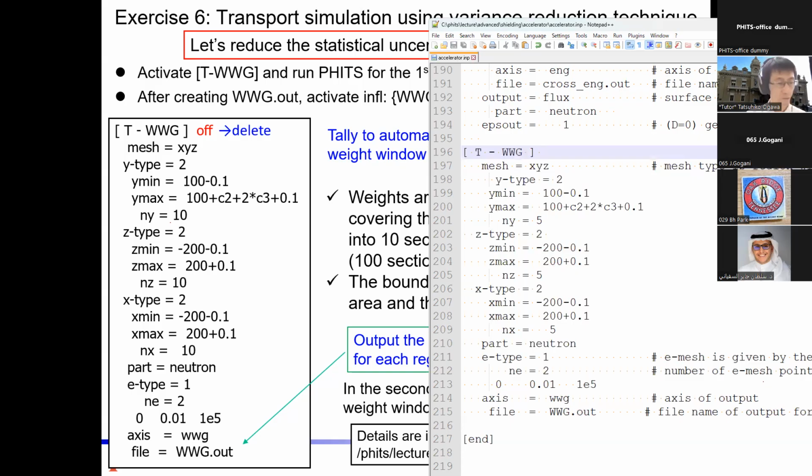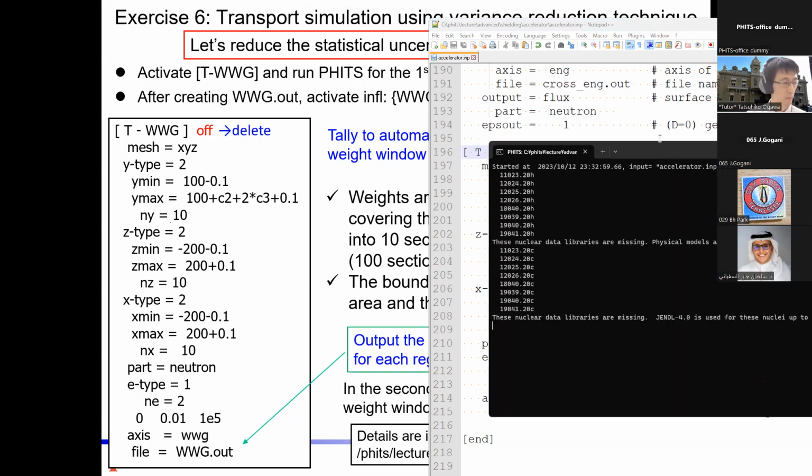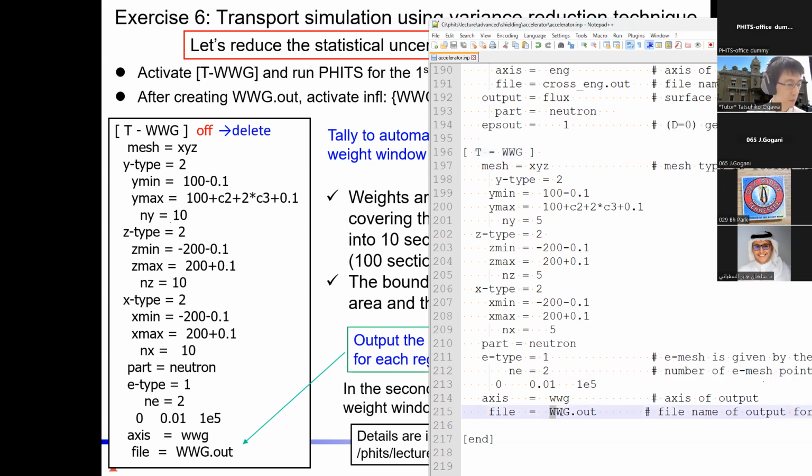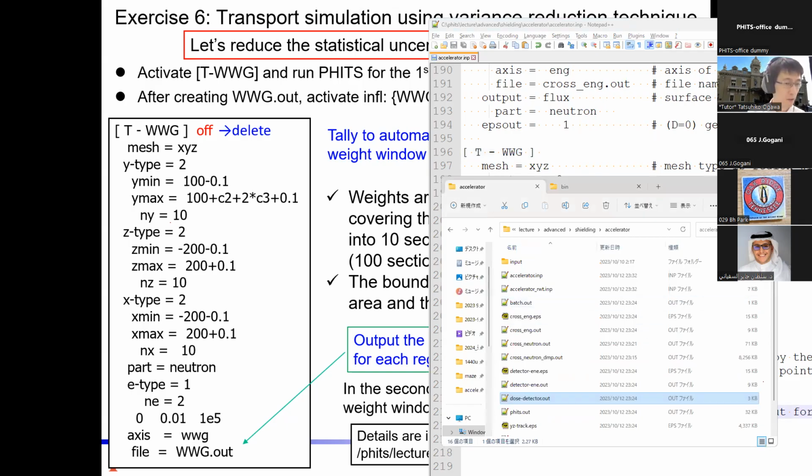After deleting off, please run. And then this time we get wwg.out in the folder.